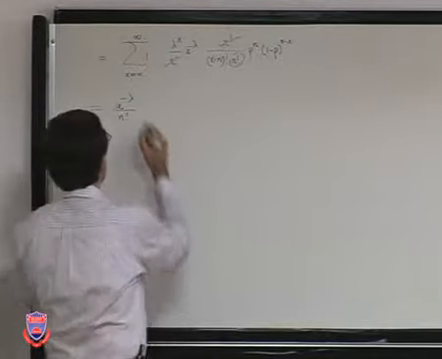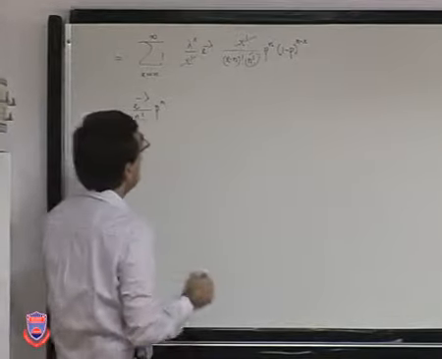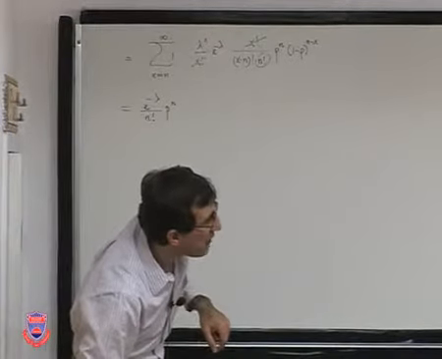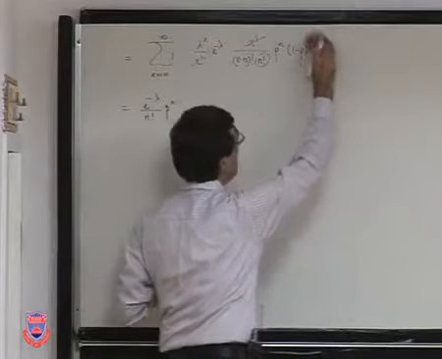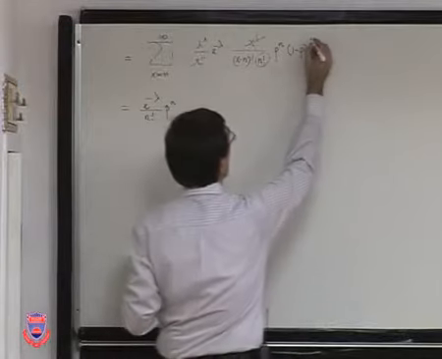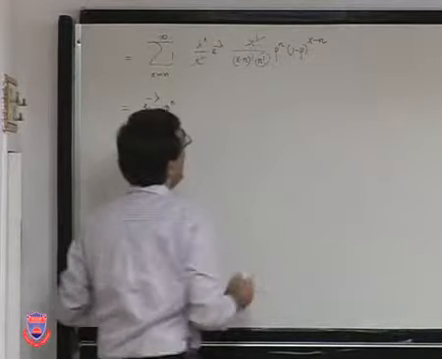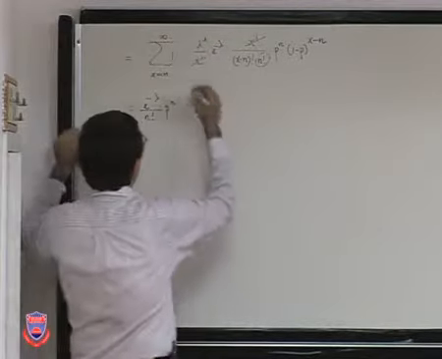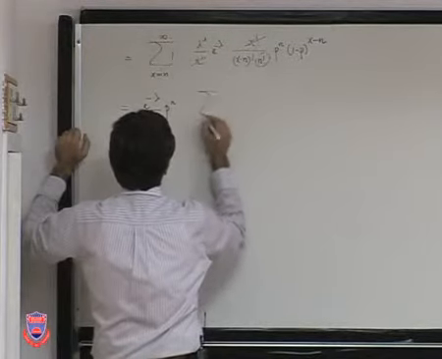P to the power n, we can take that out as well, right? And have I made a mistake over there? No, that one is correct, but this is wrong. This is supposed to be large minus small, right? And I could have taken n, but let's just leave it as it is.